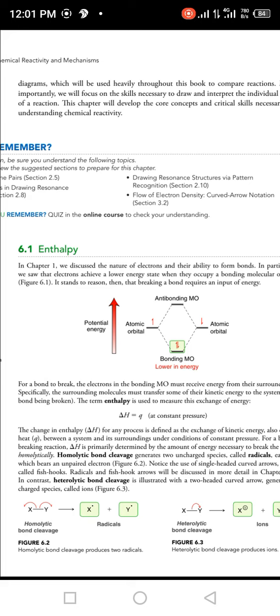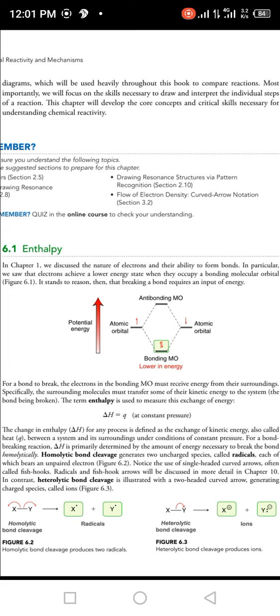So why, when we break a bond, do we give energy? It is because the electrons present in the bonding molecular orbital have low energy. So if we want to break a bond, we must supply energy from the surrounding to the system in order to break a bond.